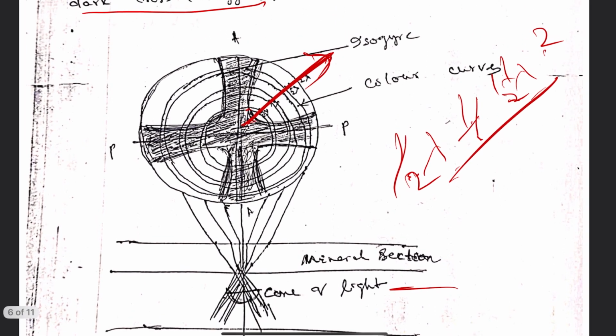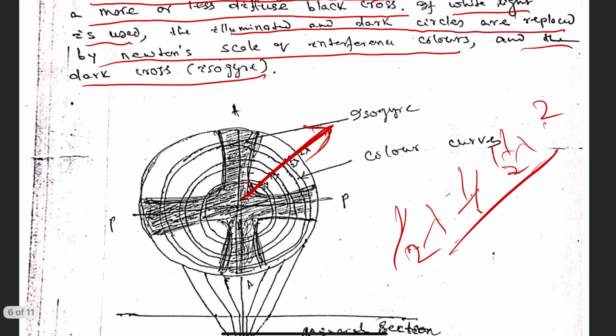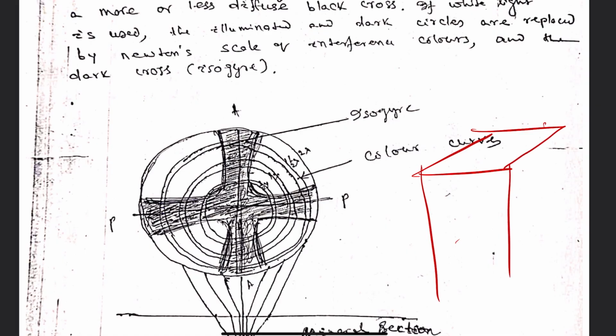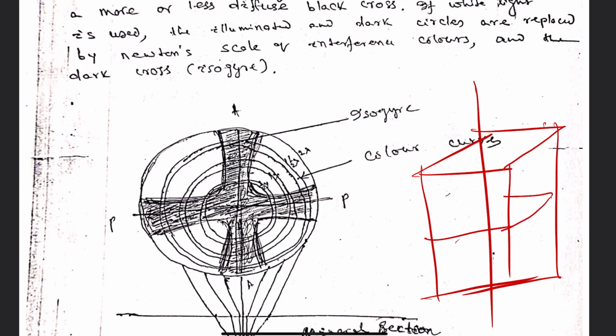So let me analyze the optic axis figure. We have taken the section perpendicular to optic axis. So this is the optic axis, and we have taken a section like this.